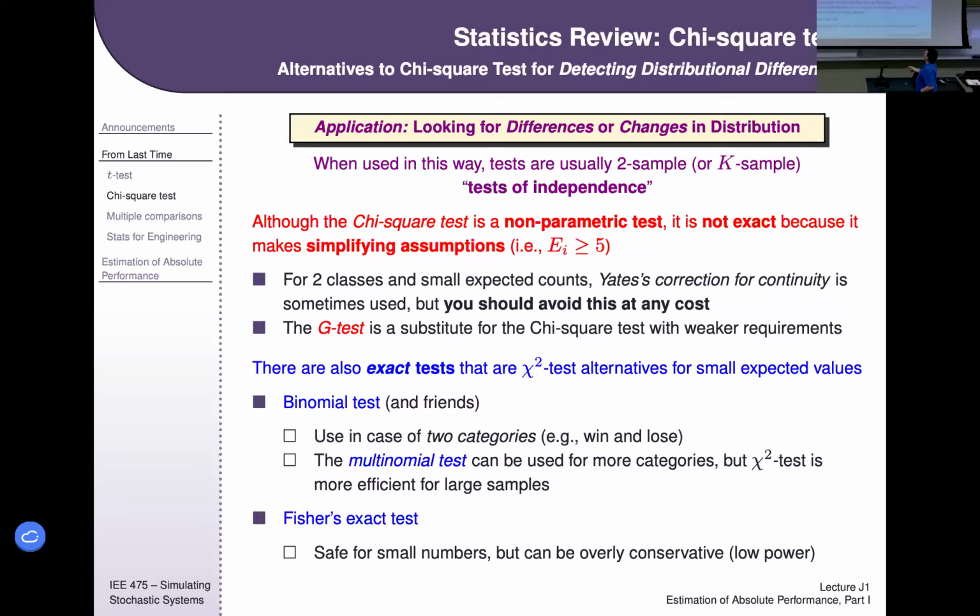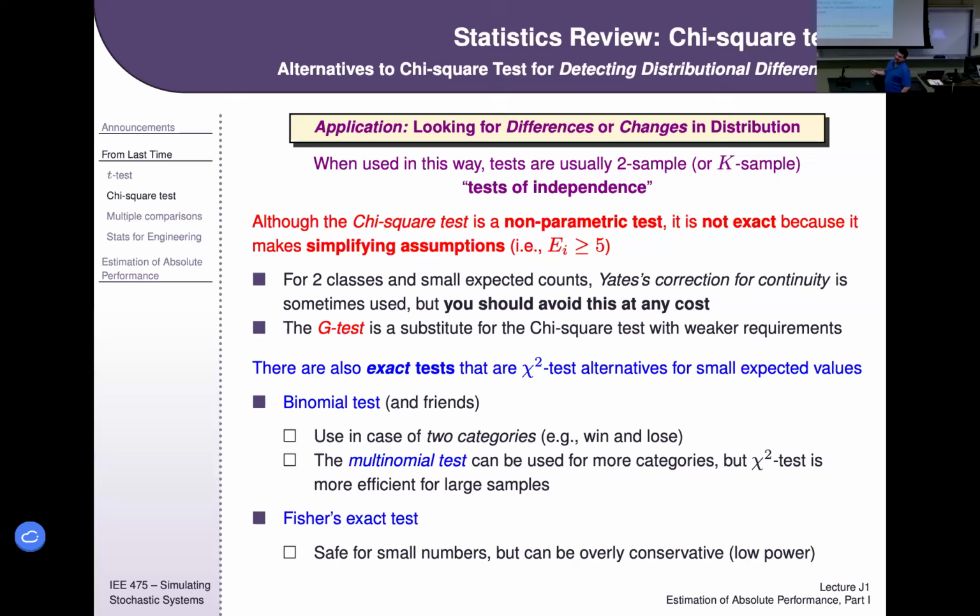There are these so-called continuity corrections that you can do before running a chi-squared test, which sometimes make it easier to run them with fewer expected counts, so less data, but they're very poor. So you try to avoid those.